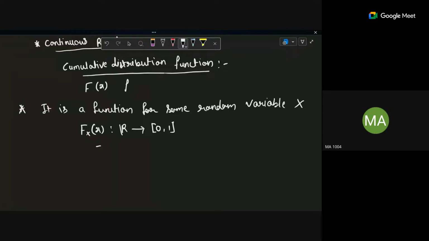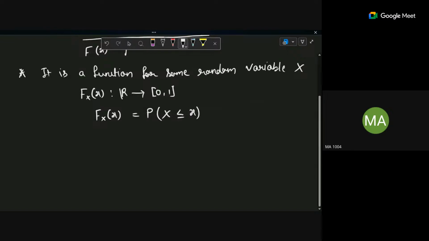Yes, ma'am. So the definition is F_X of x is equal to the probability of the random variable taking all the values less than or equal to x. This is a kind of function which is generally always continuous or piecewise continuous.